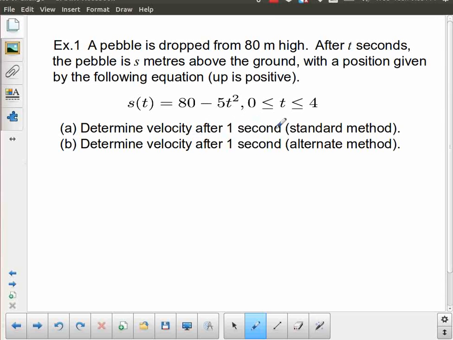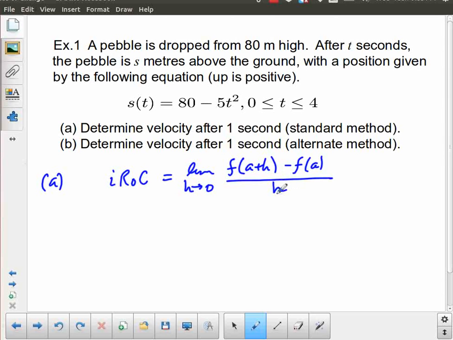The first time we're going to use our standard definition, so this is for part A. Our standard definition is that the instantaneous rate of change is equal to the limit as h approaches 0 of f of a plus h minus f of a, all divided by h. Now we're going to have to modify this in order to put it into a form that makes sense for us.